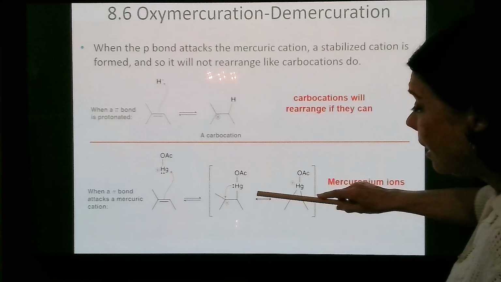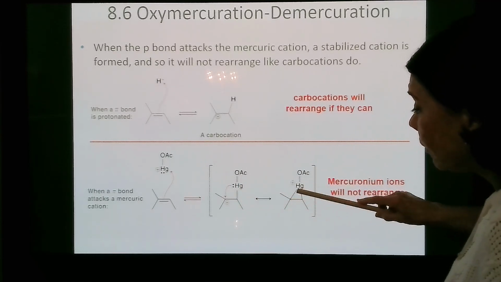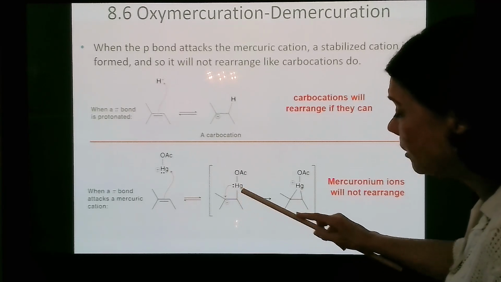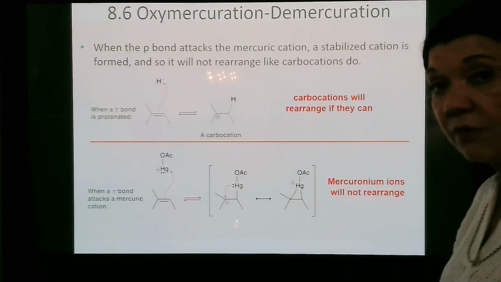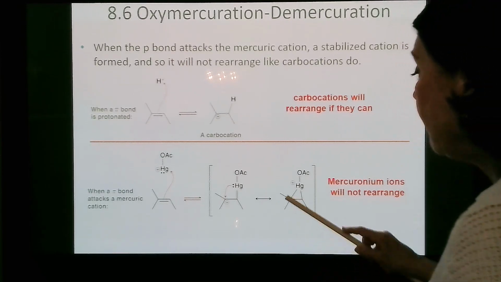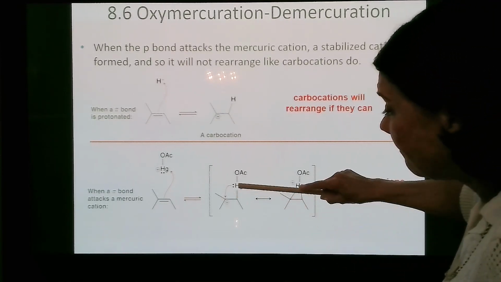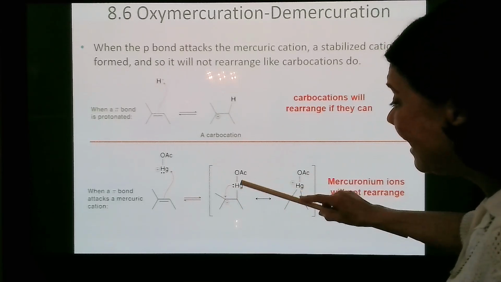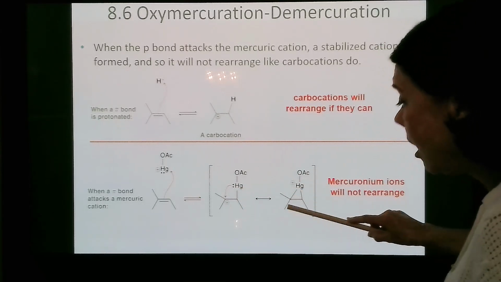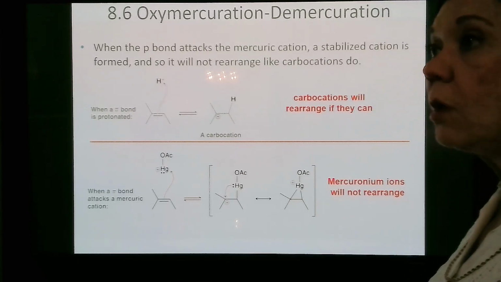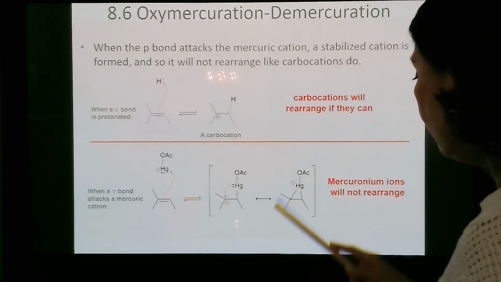So it's bonded to both carbons. This one carbon is just really a partial bond, but it's enough of a bond to keep the thing from rearranging. Okay? And so remember that. You have a full bond and a partial bond. Both of these structures are resonance contributors to the actual structure of the intermediate.